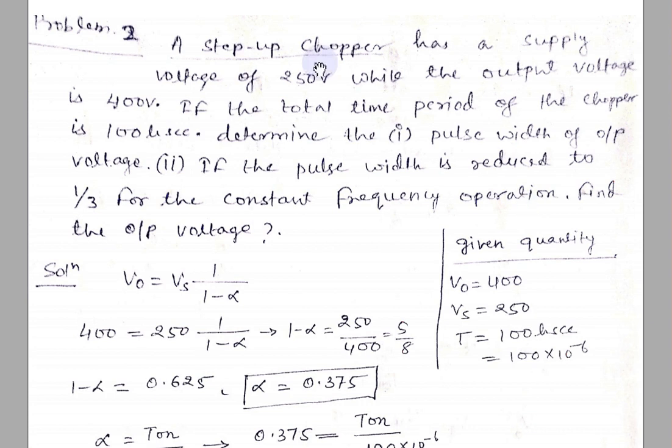For a step-up chopper, we have the formula V naught equal to Vs by 1 minus alpha. Given quantities: output voltage V naught is 400 volt, supply voltage is 250 volt, and the total time period of the chopper T is 100 microseconds. We put the known quantities in this equation and get alpha equal to 0.375.